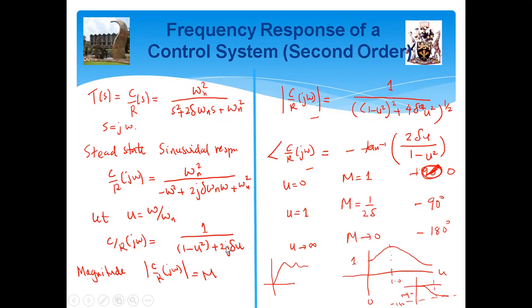So we take this magnitude and differentiate with respect to u. After that, we set it to 0, and from there we can get the resonant frequency, which gives a maximum magnitude.